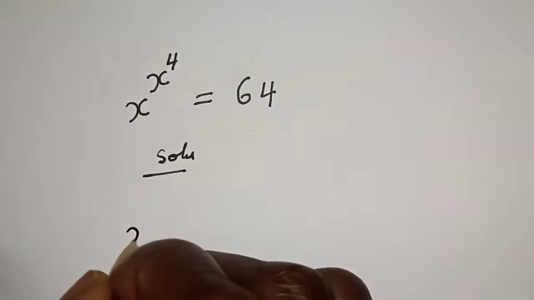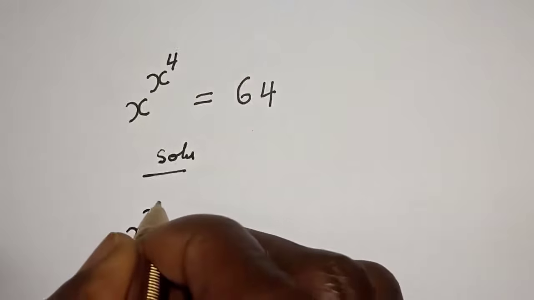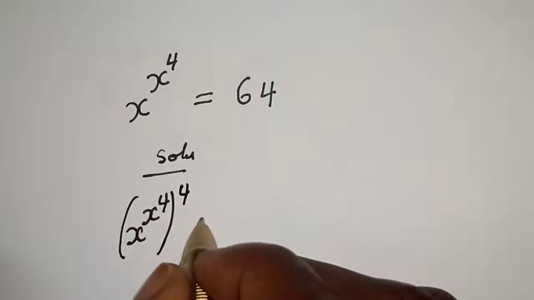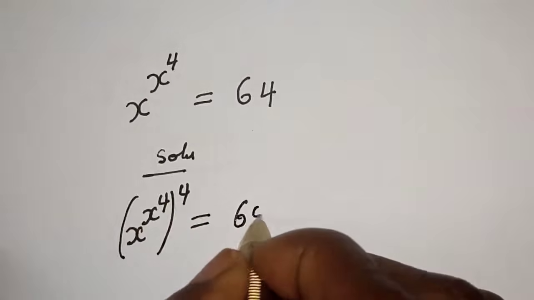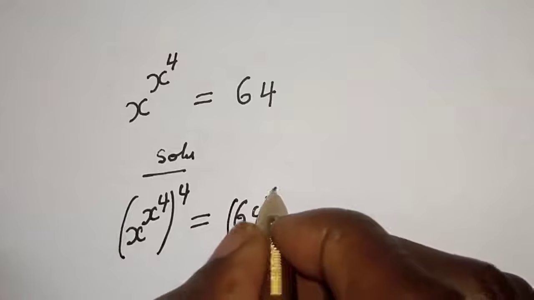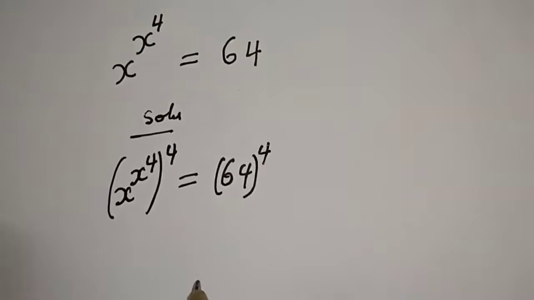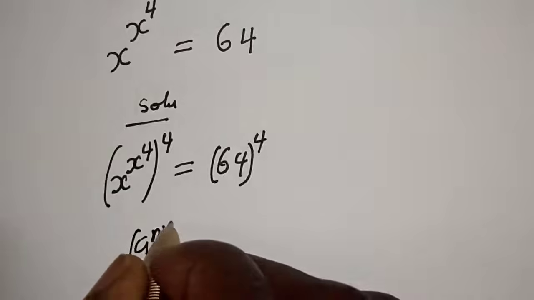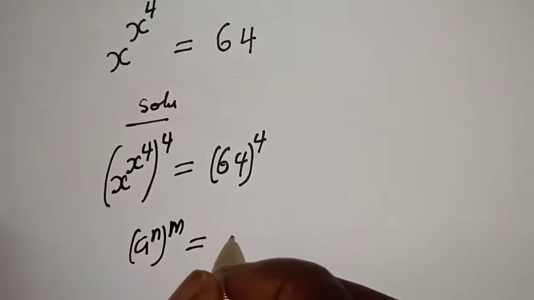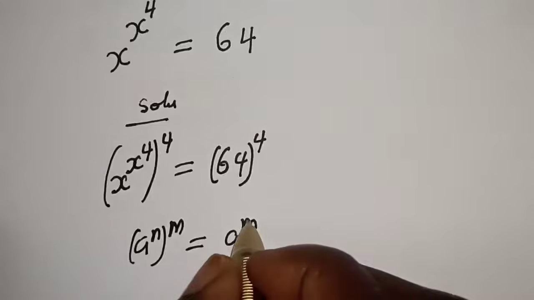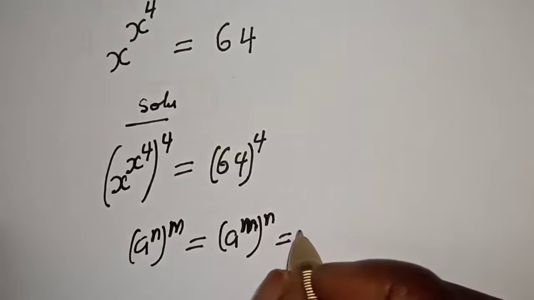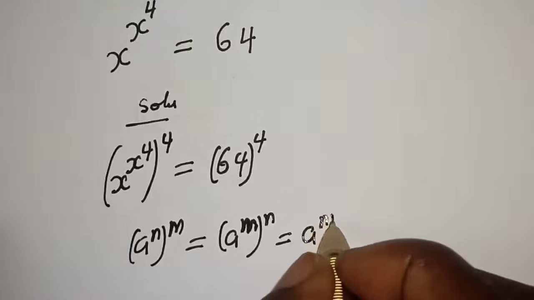That is, s raised to power 4 to the power of 4 is equal to 64 raised to power of 4. If you have a raised to power n raised to power m, this is equal to a raised to power m raised to power n, which is equal to a raised to power nm.